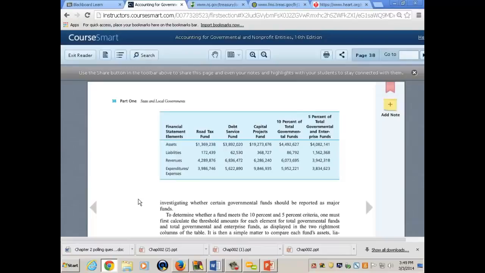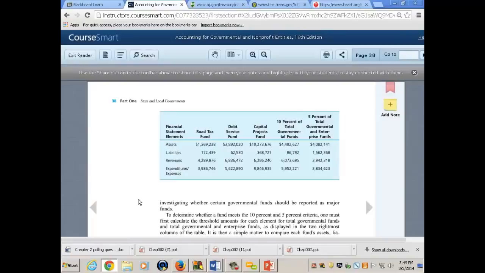No. Well, that doesn't meet the test. Revenues, that doesn't meet the test, as we can see, right? How about expenditures? No, that doesn't meet the test. So what we've just ruled out is that the road tax fund is not a major fund and can be combined as part of the non-major fund. I thought it'd be easier.